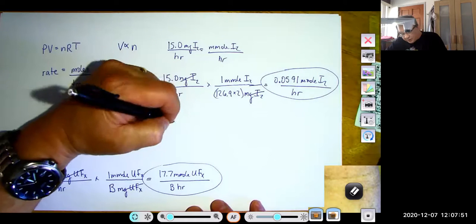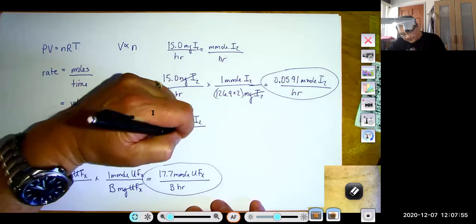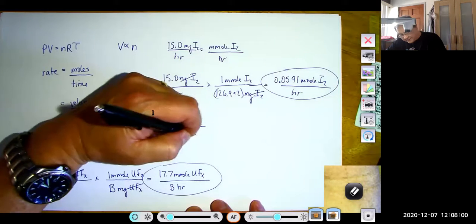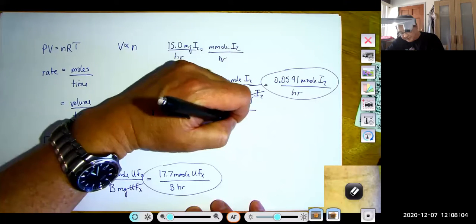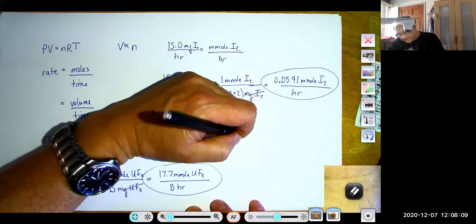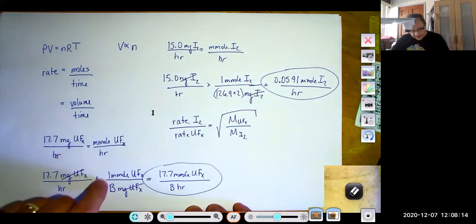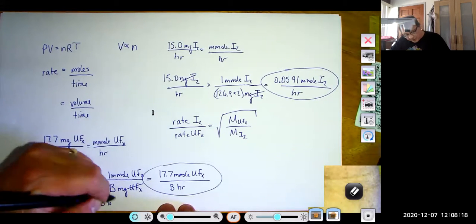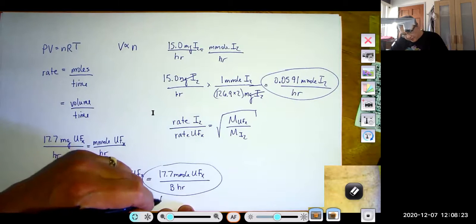Now, we also know that the rate of the iodine over the rate of the uranium fluoride is equal to the square root of the molar mass of the uranium fluoride over the molar mass of the iodine. Okay, and now that I'm looking back at this, I want to change this. This B is the molar mass of the uranium fluoride.